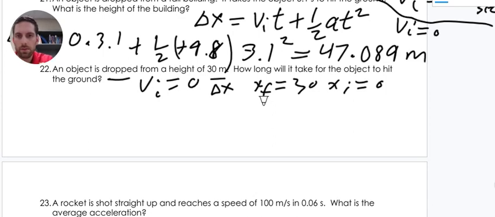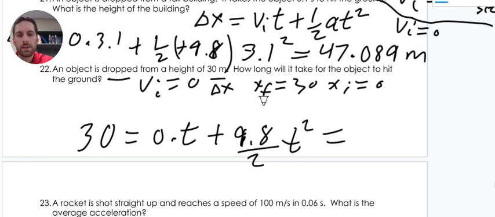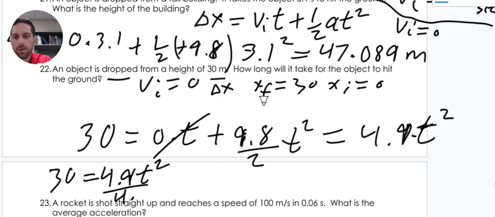So I'll do 30 equals 0 times time, we don't know that, plus 9.8 over 2 times t squared. Let's simplify that. That cancels. We get 4.9 times t squared. So 30 equals 4.9 times t squared, divided by 4.9 on both sides.